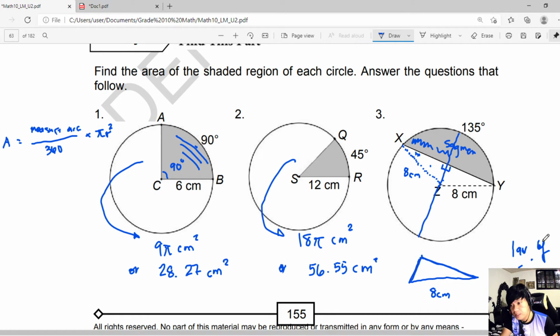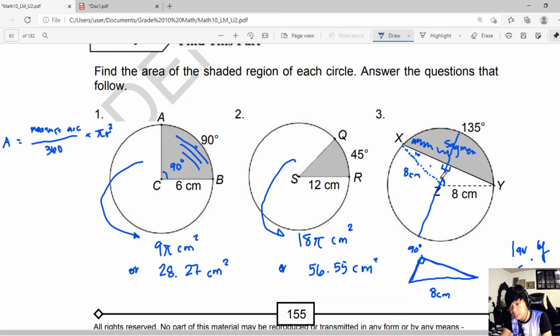Okay, so in the law of sines, we need the measure of each angle sa loob ng triangle. So the measure of this angle, since this is perpendicular, is 90 degrees. So what is the measure of this one? This one is 1/2 the measure of the intercepted arc. Kasi hinati natin sa gitna.